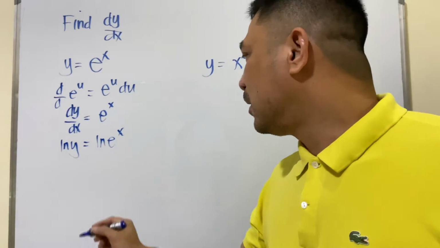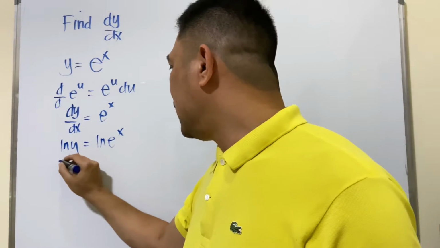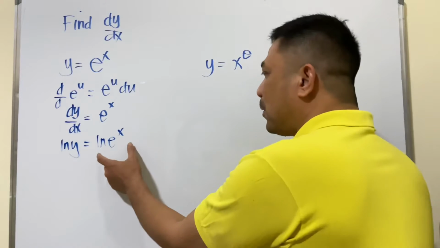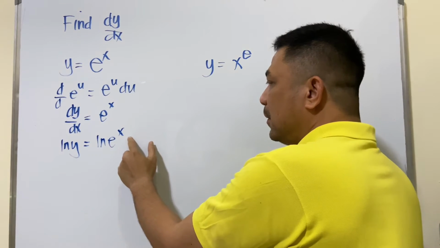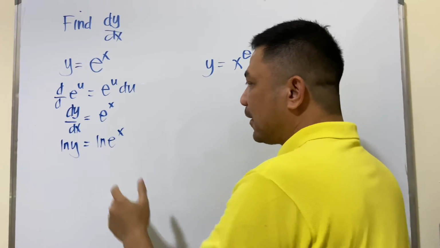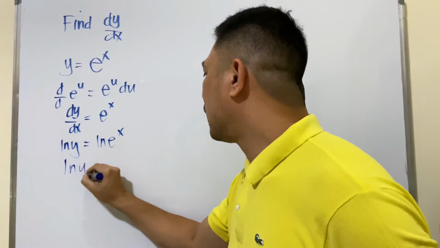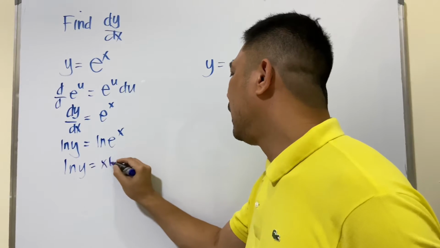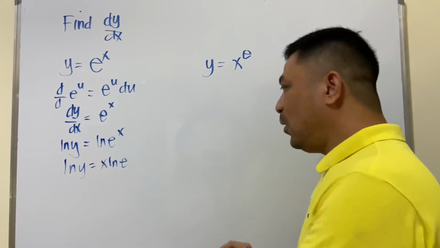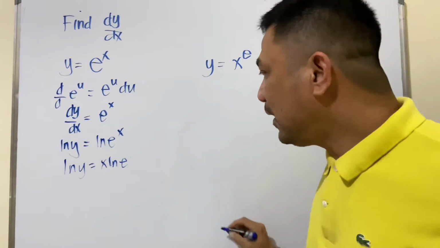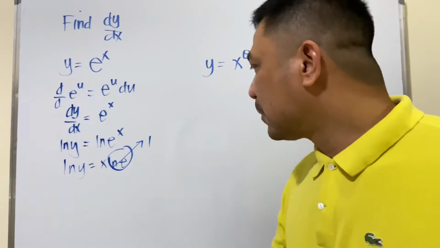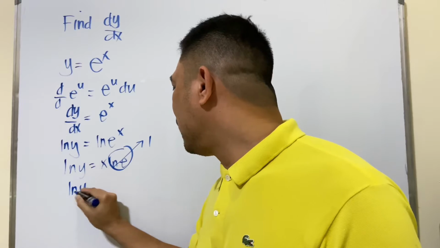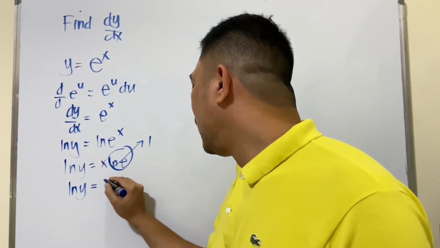Applying the properties of logarithms, this exponent can be placed in front, so ln y is equal to x ln e. But ln e is equal to 1, so ln y is equal to x.